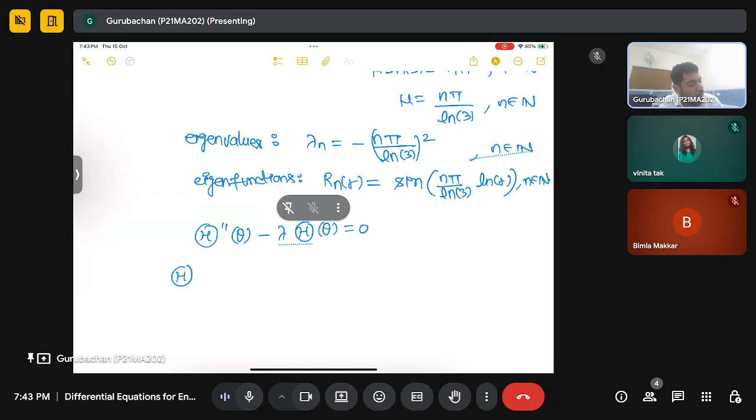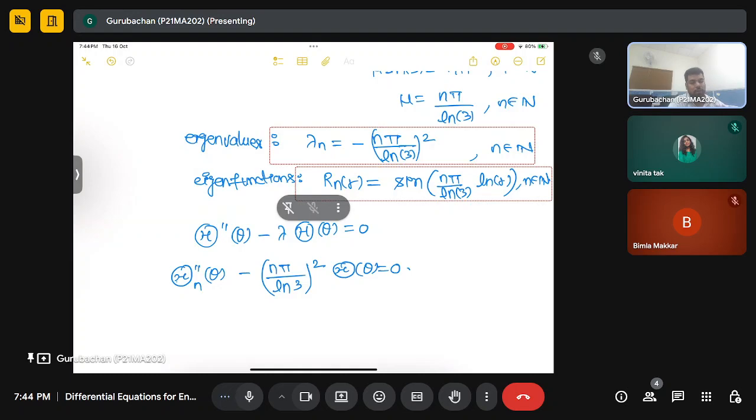You got the value of your lambda, which depends on n, so I am writing here minus (n pi by ln 3) whole square. Now try this one. This is a simple ODE, second order with constant coefficients. You easily get, and you can discuss the solution.